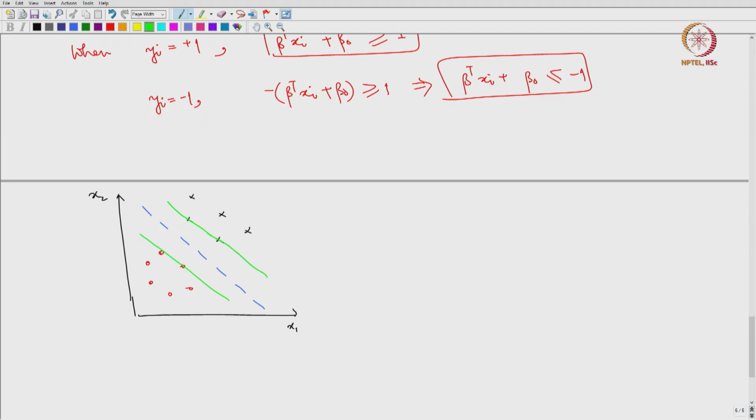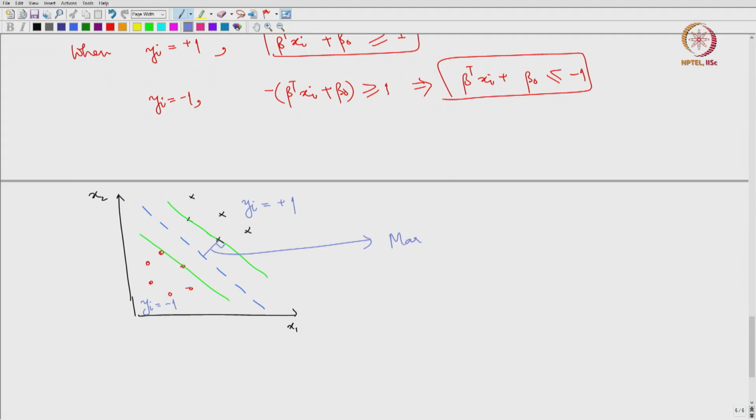which were drawn. Okay. Now, we will define what is meant by margin. The word margin has a very specific meaning here. This is the class yi equals plus 1, this is the class yi equals minus 1. If you look at the perpendicular distance between the decision boundary and the support vector, this distance is called the margin.